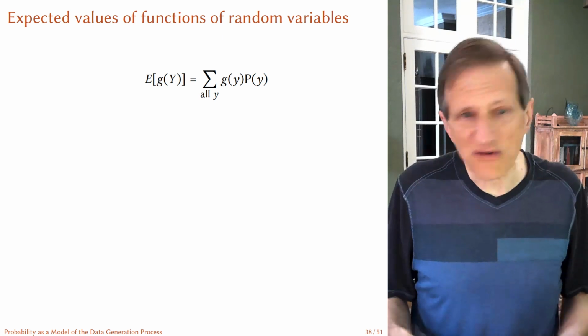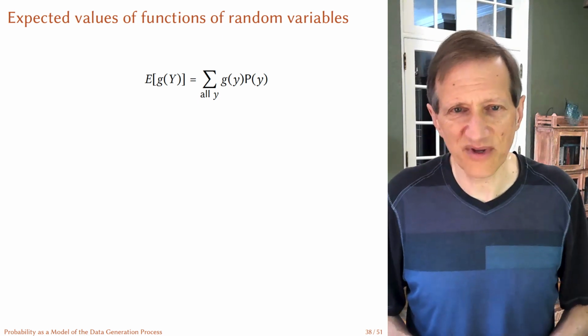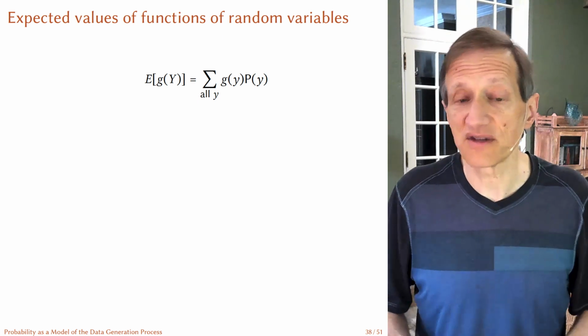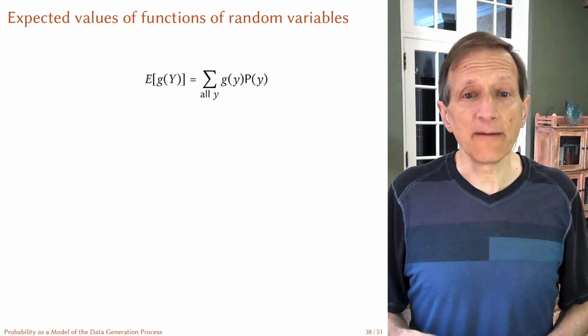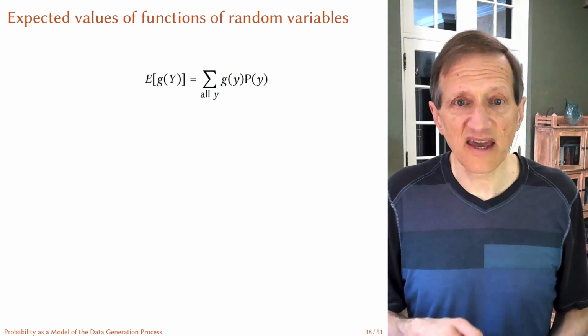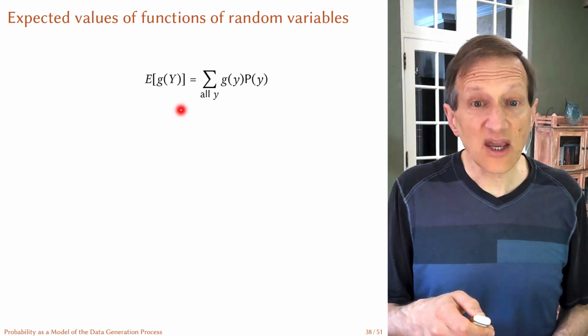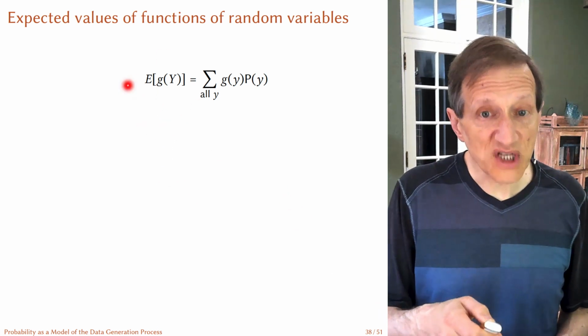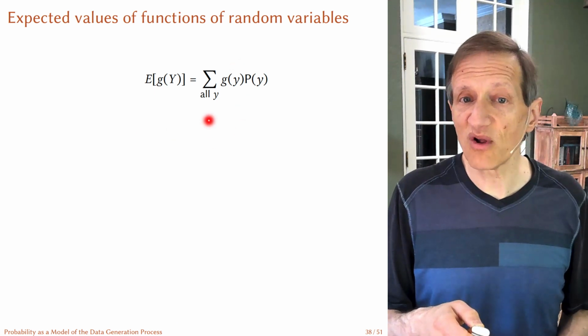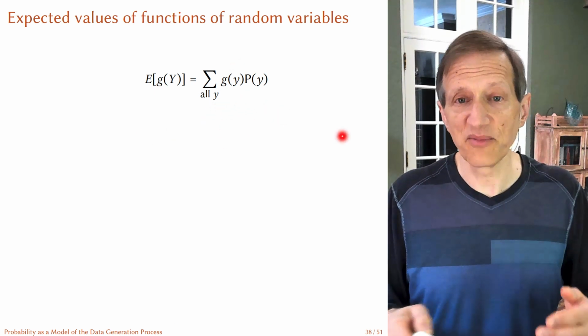It could be the square root function, the squared function, an absolute value, whatever it is. The expected value of some function is equal to the sum over all y of g of y times the probability of y.